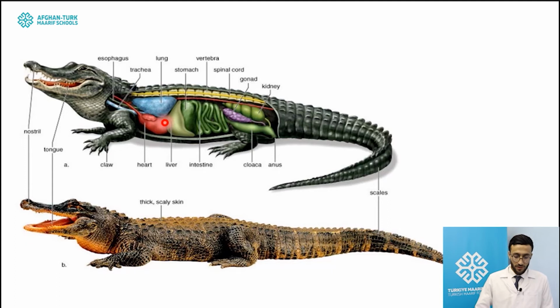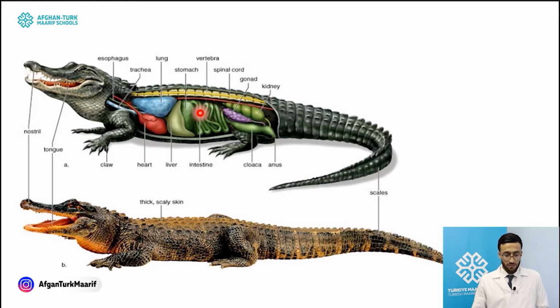And also the liver that is used to store energy, and the stomach and the small intestine. In simple words, the heart possesses a closed circulatory system with a four-chambered heart, two ventricles and two atriums. So we can say that it is quite a well-developed animal.